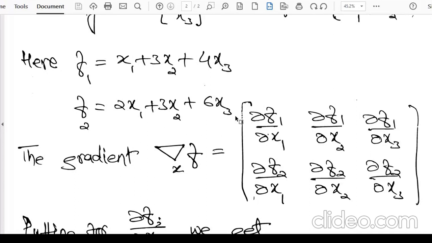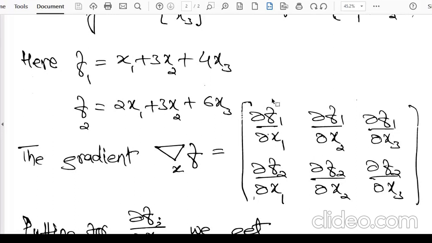So you would see that if I look at the first row of this Jacobian, it is simply the collection of the partial derivatives of the first component, and the second row is reserved for the partial derivatives of the second component.